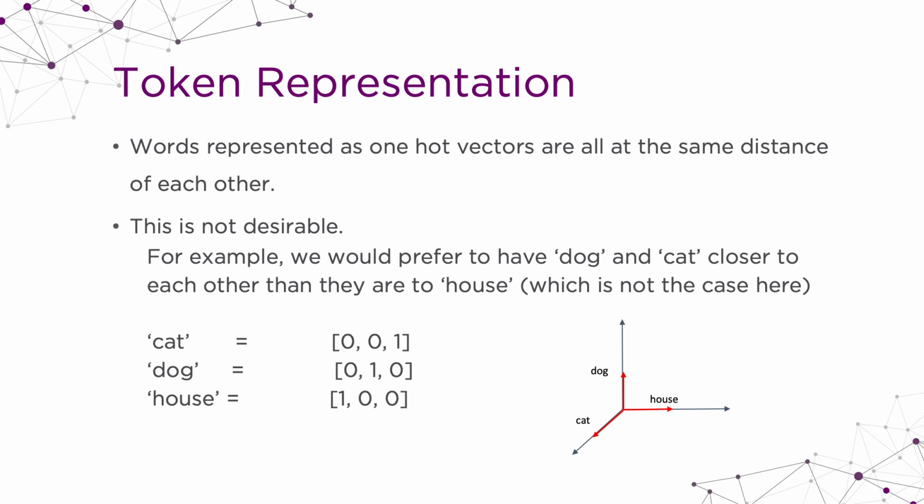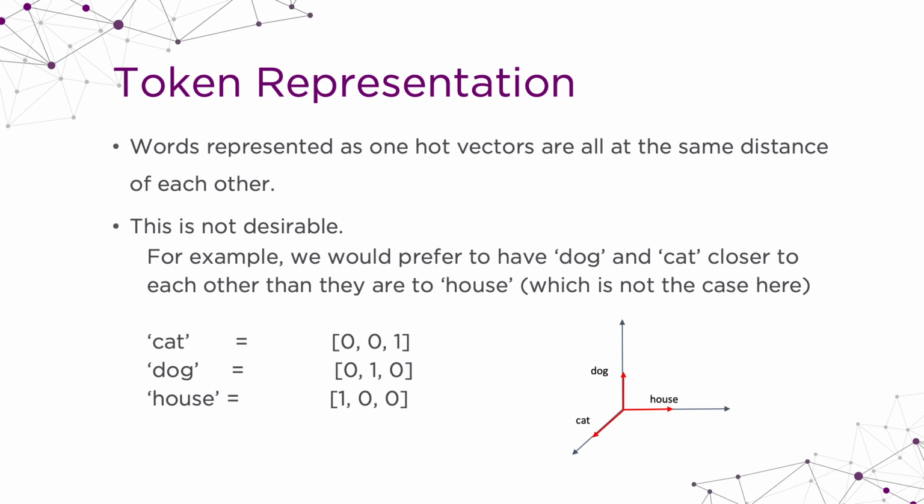And there is another disadvantage. Here, I'm going back to the first example: cat, dog, house. I'm plotting these 3 vectors in the vector space, and you see that all these vectors are at the same distance.